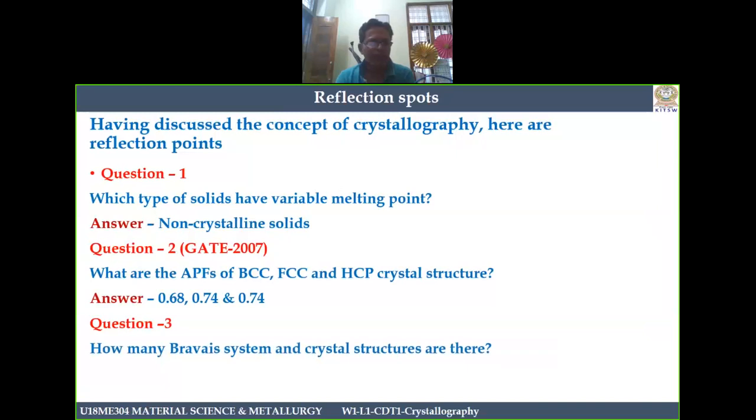How many Bravais systems and crystal structures are there? As we have seen earlier, what should be the answer? I am expecting the answer from the students. So there are 7 Bravais systems and 14 crystal structures.